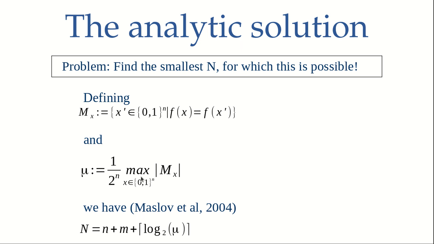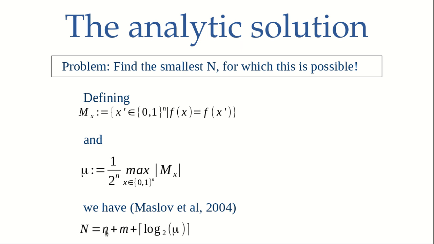And so in particular, this will always be a number between 0 and 1, because these sets m of x are a subset of this input space. And finally, if we set capital N equal to n plus m plus the ceiling of the logarithm base 2 of mu, then this capital N happens to be the solution to this embedding problem.